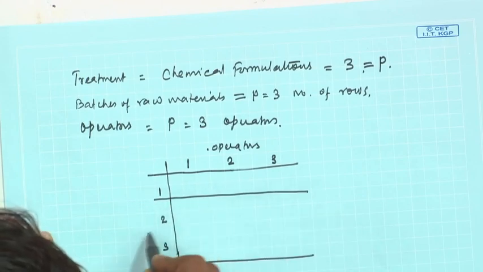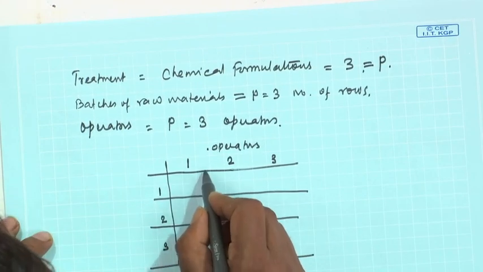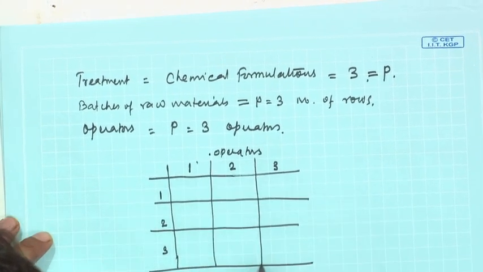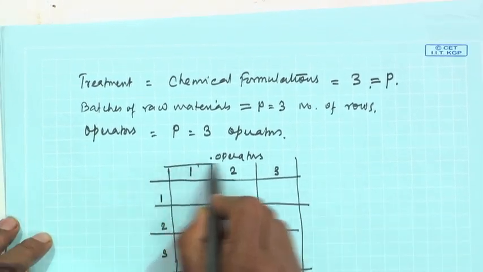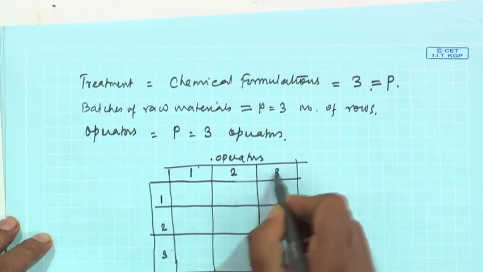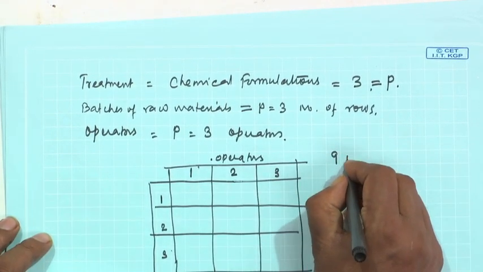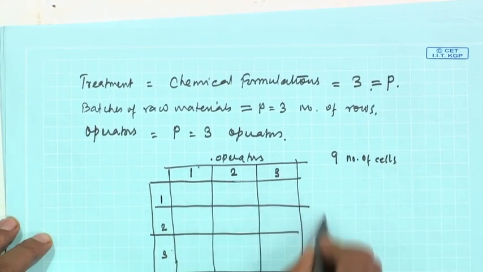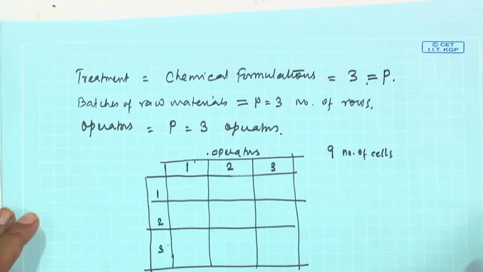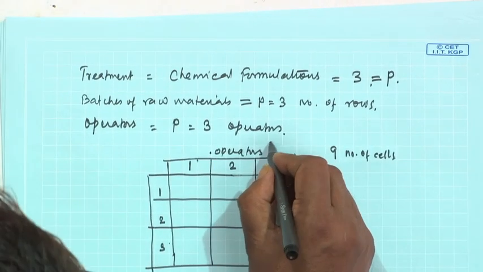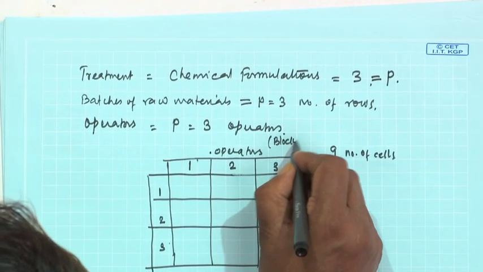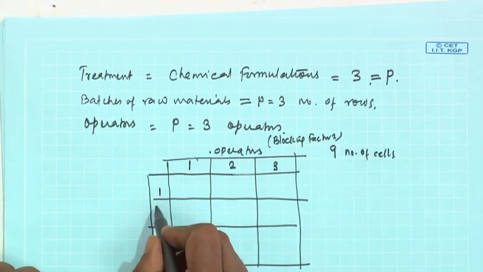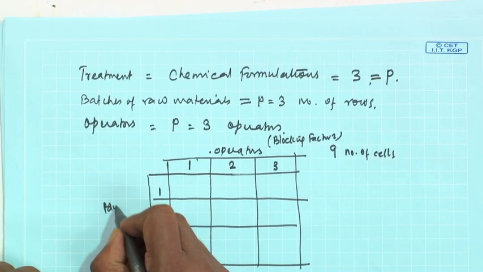Now, we have 3 cross 3, 9 number of cells, cell 1, cell 2, like this. So, where is the treatment? This operator is blocking factor 2, and batches of raw material is blocking factor 1.